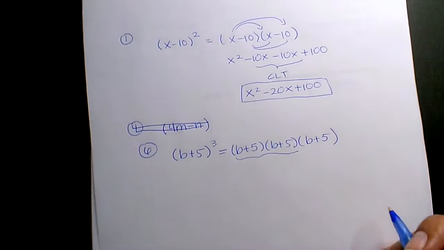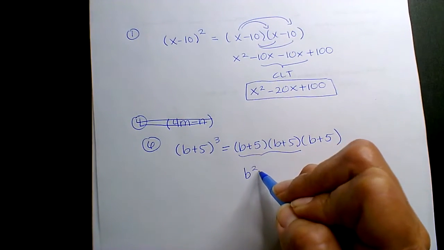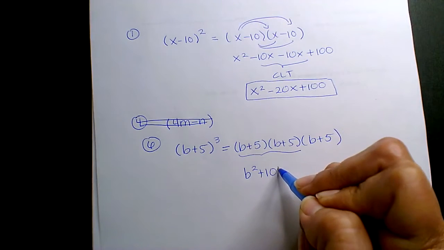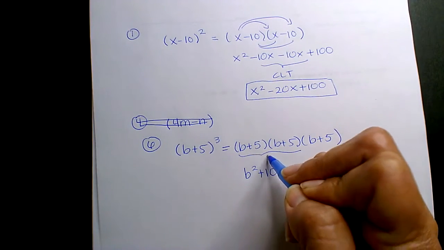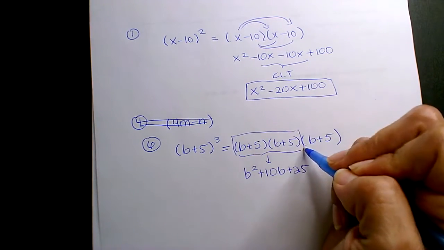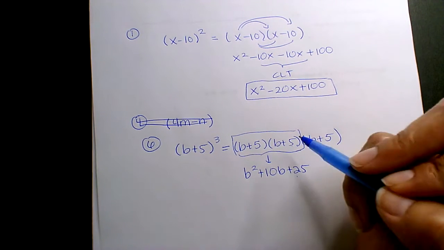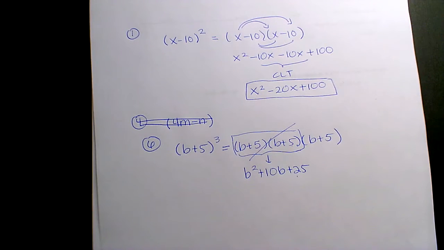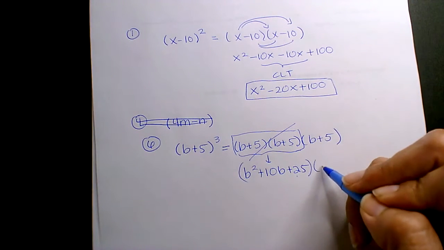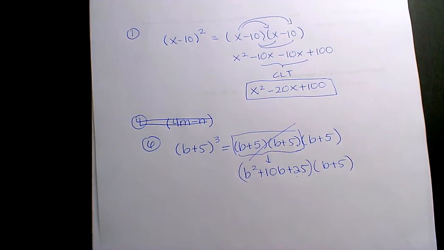So if you understand that, this is b squared plus 10b plus 25. That's what these 2 are expanded, because it's going to be b squared plus 5b plus 5b plus 25. And so this is your trinomial. That's just from 2. We still have the third binomial.